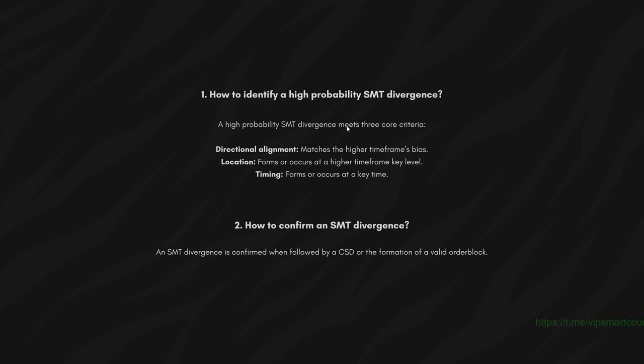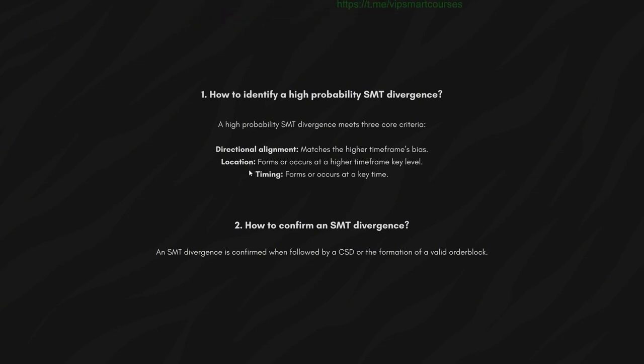A high probability SMT divergence meets the following three core criteria. First of all, it is always aligned with the higher time frame directional bias, meaning it matches the higher time frame drawn liquidity or the higher time frame bias. Number two, it forms or occurs at a higher time frame key level.